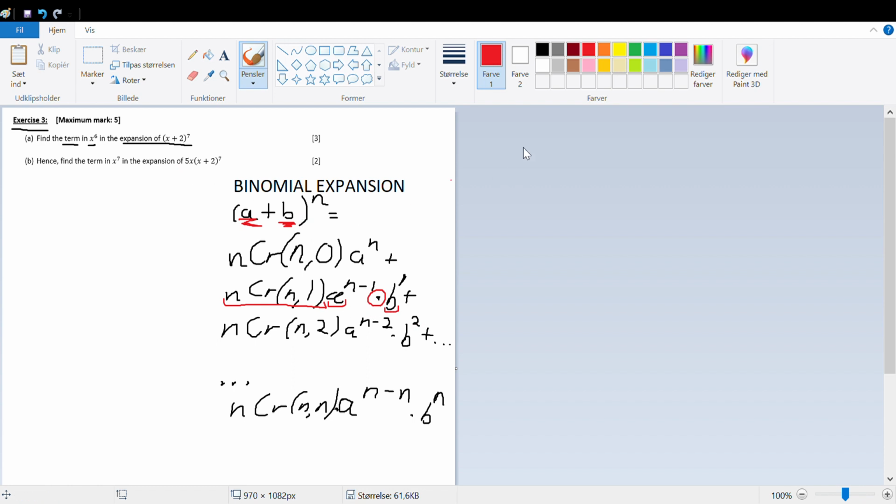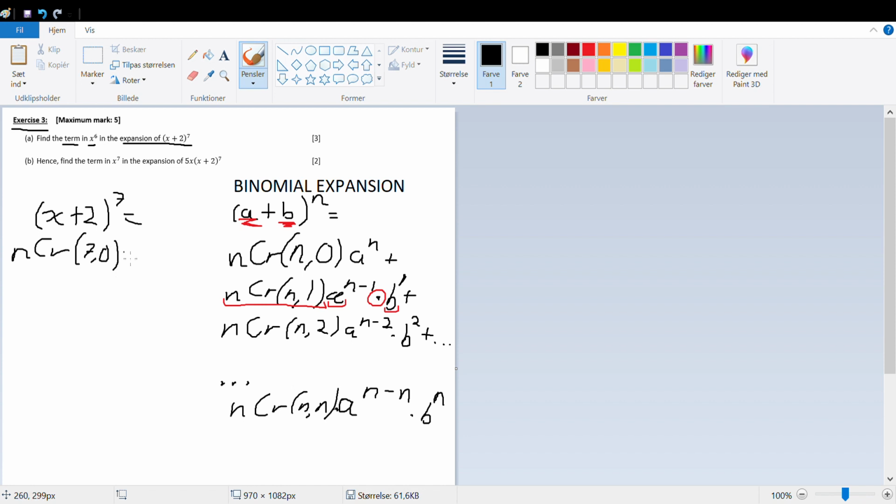Okay, so let's use this. Let's actually use this on our exercise. So here, we're going to try and do (x + 2) to the 7. I'm literally just going to copy what it says over here on the right. I'm going to do nCr(7, 0).